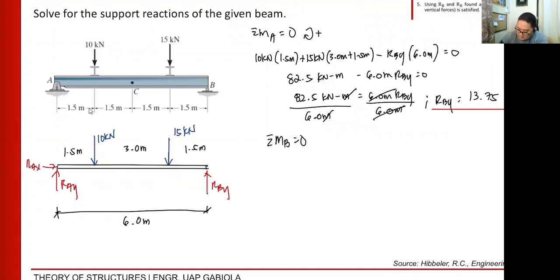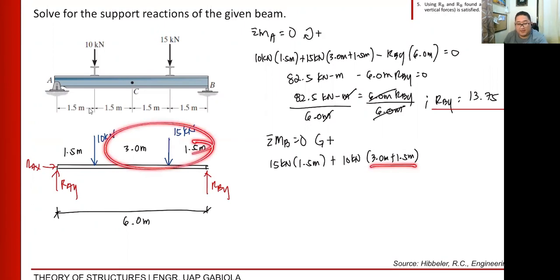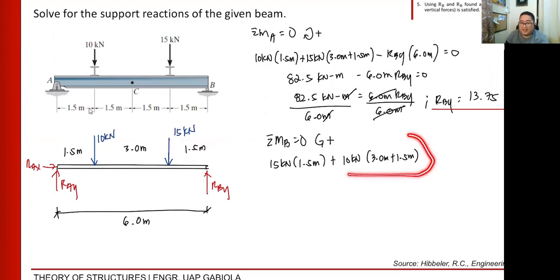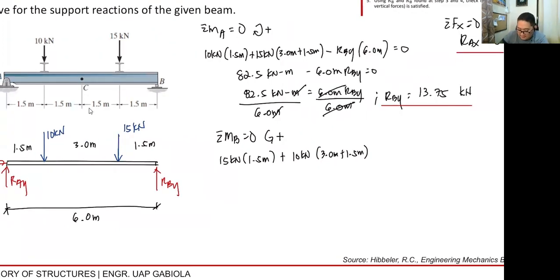So, I assume that counterclockwise is positive. So, let's put in the loadings. 15 kilonewton times 1.5 meters plus 10 kilonewton times 3.0 meters plus 1.5 meters. So I am just separating this, but you can directly put 4.5, no? So I'm just showing this for clarity and demonstration of placing our total distance.